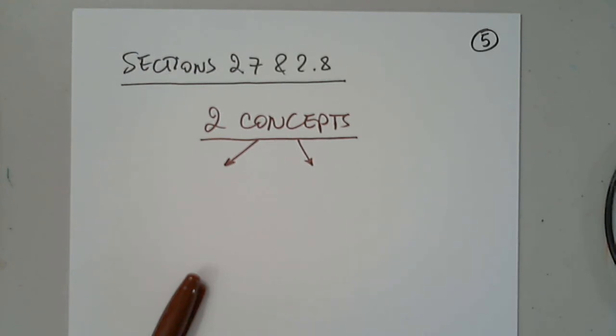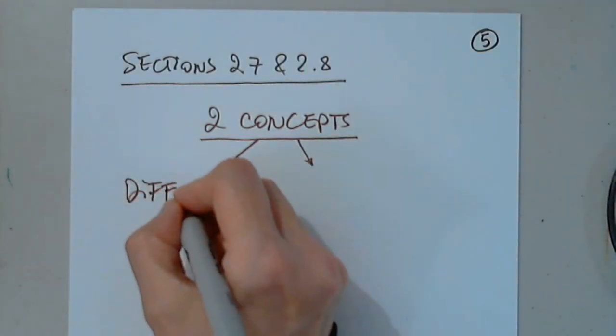There are exactly 2 steps. What was the name of it? Anyone? The difference quotient? Yes, that's a big one.